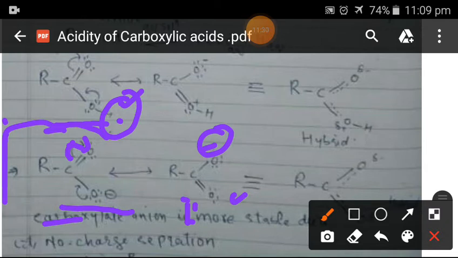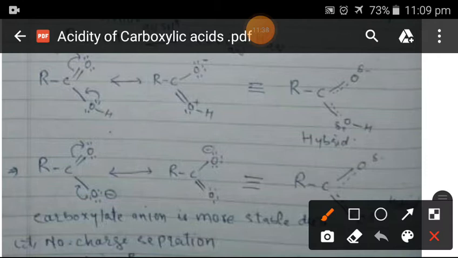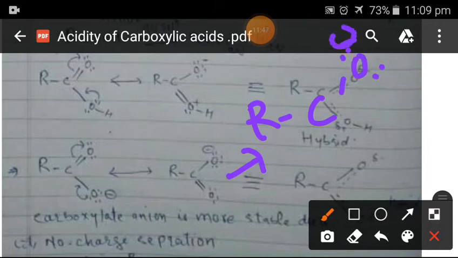But under the resonance hybrid, if we make a second resonance structure of this, we will see that this oxygen will carry the negative charge. This again shifts the electron pair to this carbon, and as a result this oxygen again carries negative charge.